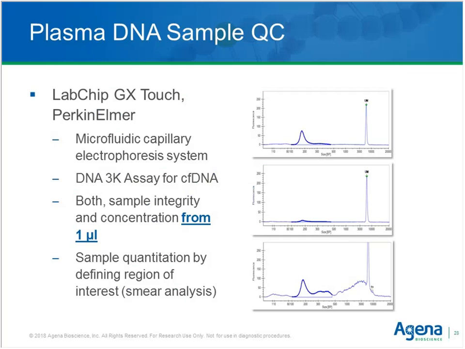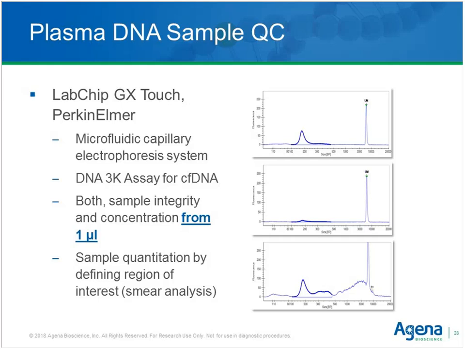These examples were made with the LabChip from PerkinElmer. It is a microfluidic capillary electrophoresis system, and its DNA 3K assay is specifically suitable for the QC of cfDNA. The nice thing about it is that you can measure both sample integrity and concentration from just a single microliter of precious sample.